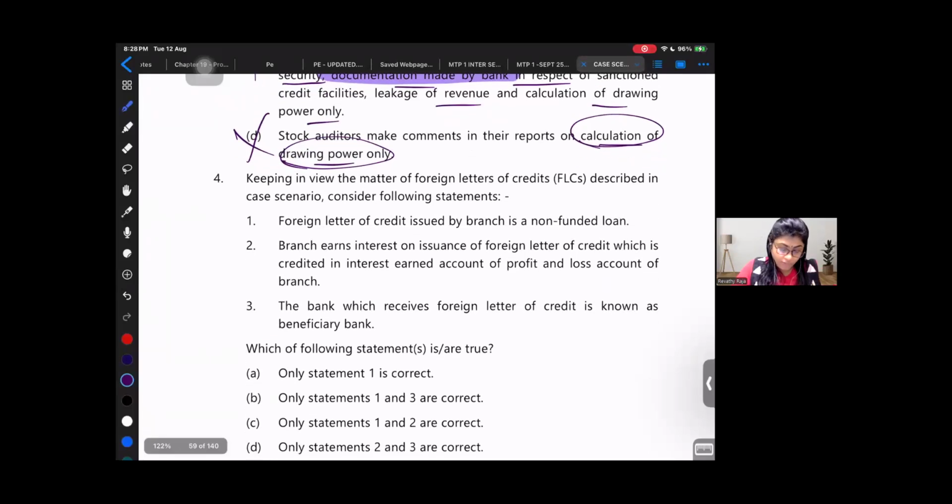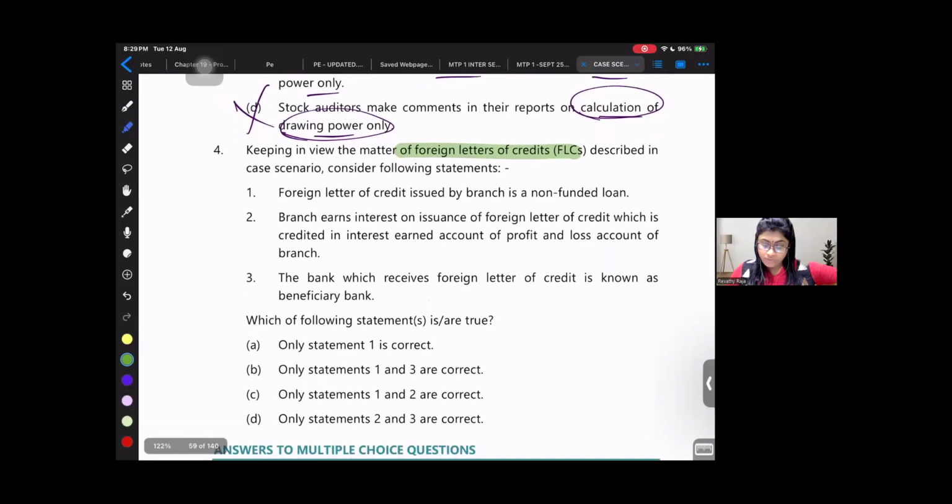Keeping in view of the matters of foreign letter of credit described in the case scenario, which of the following statements is true? They wanted true. A letter of credit is a non-funded loan. You know funded and non-funded loan.